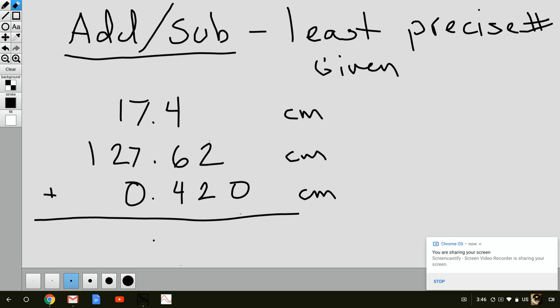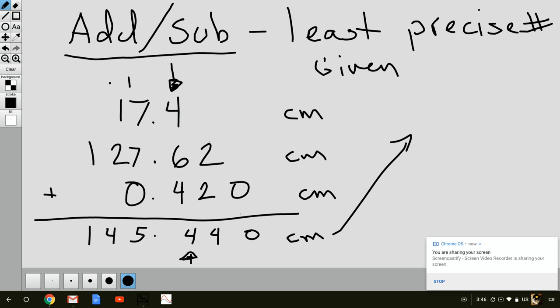Okay, let's erase all of my arrows and then actually do the calculation. If we add this up, we get 0, we get 4, we get 4. There's the decimal point. Carry the 1, that's a 5. Carry the 1, that's a 4, that's a 1. So we get 145.440 centimeters. However, our least precise number was right there, so we need to round to right there.